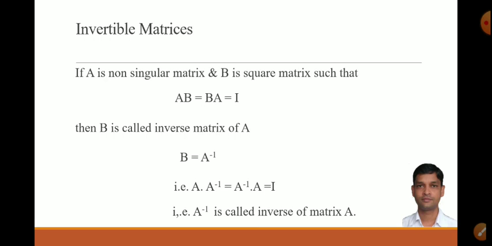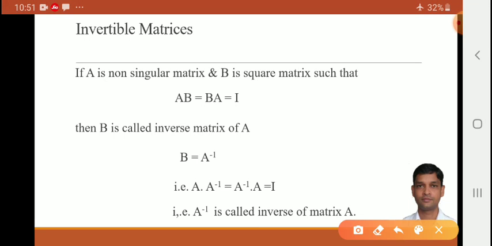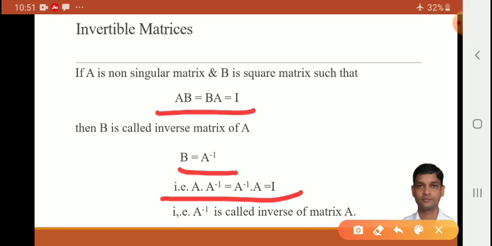Okay. So, by the definition of inverse, A into B is equal to B into A is equal to identity. B is denoted as A inverse. So A into A inverse is equal to A inverse into A is equal to identity. That is, A inverse is called the inverse of matrix A, means A raised to minus 1.